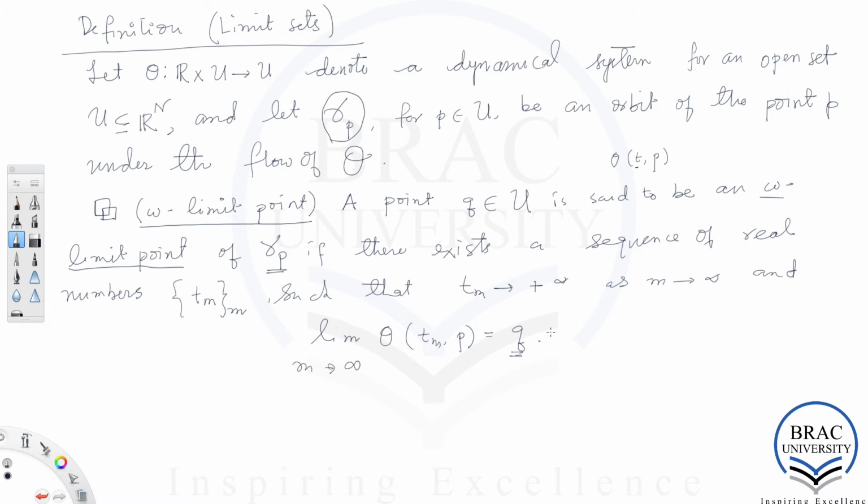Now I give you the definition of alpha limit point. It's the same thing except that now Tm will approach negative infinity as m approaches infinity.